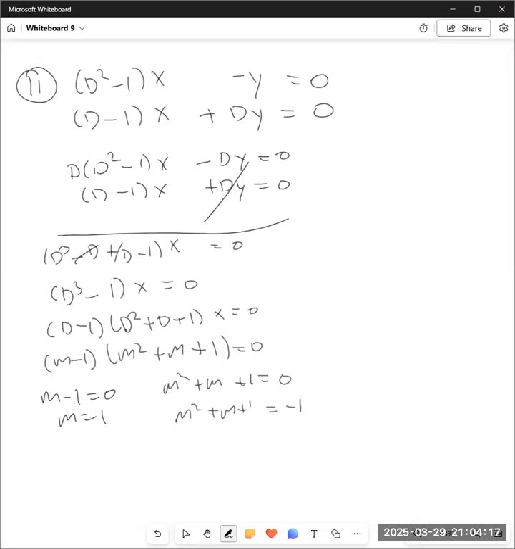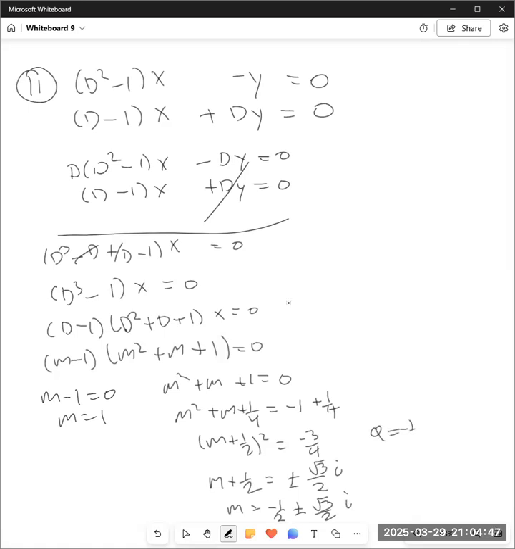Half of the middle number squared is a quarter on both sides. m plus a half squared is negative 3/4. m plus 1/2 equals plus or minus root 3 over 2 i.